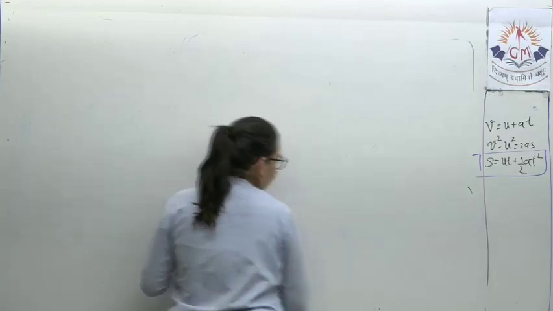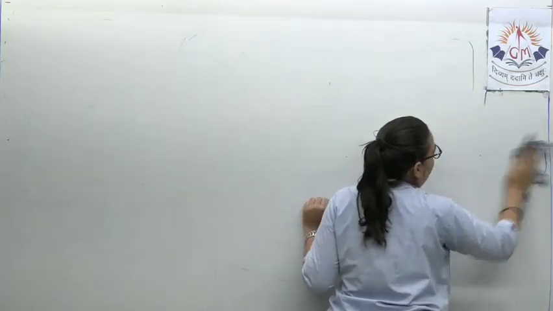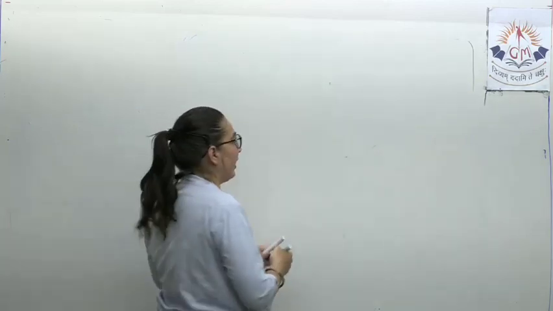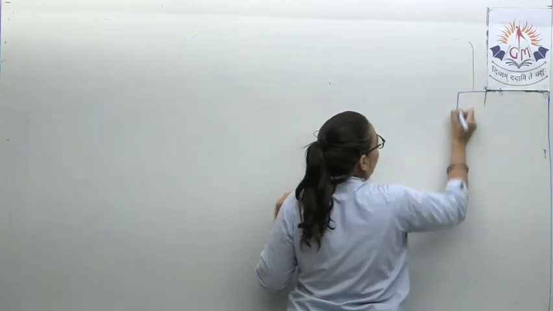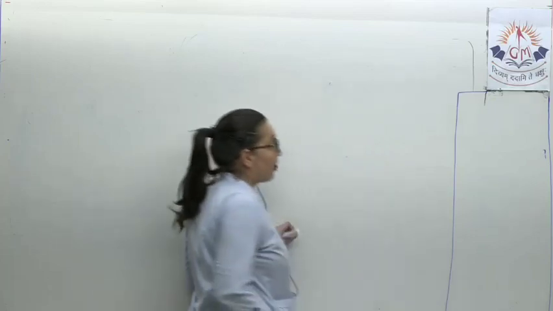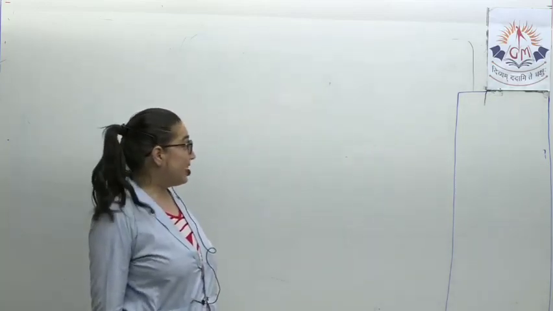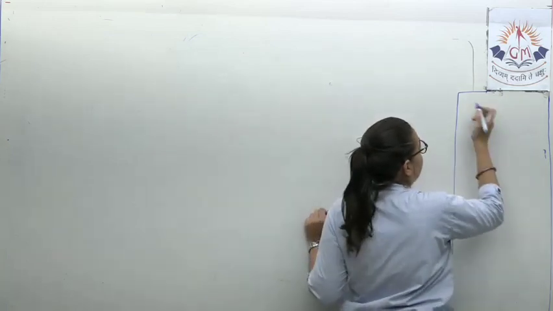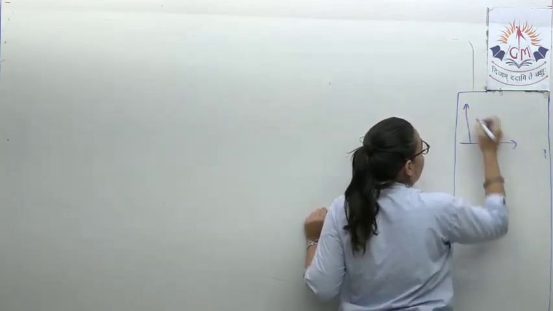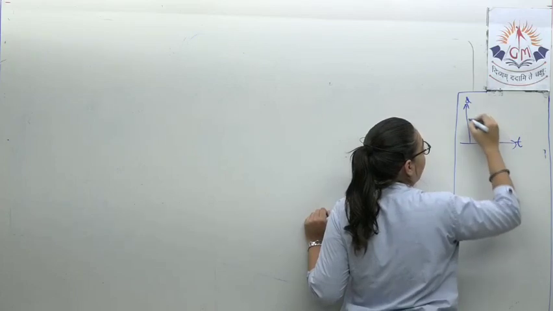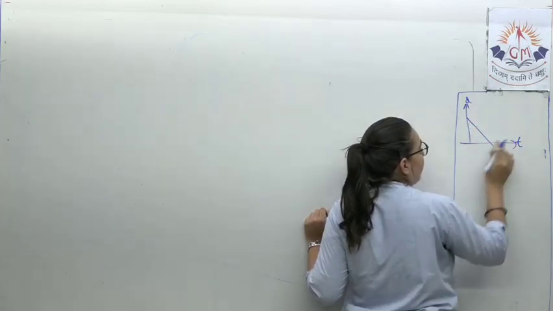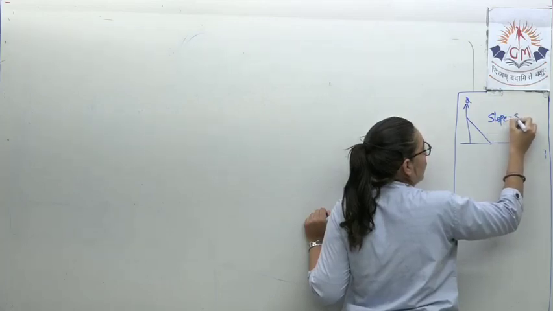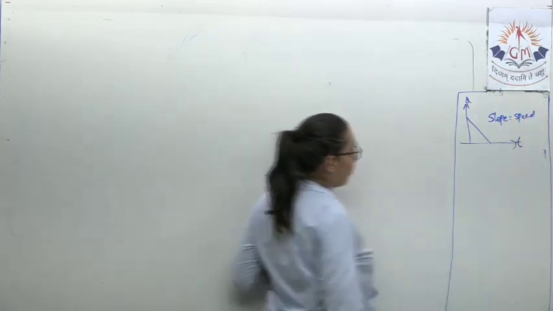Basic things about the graph. Let's note it over here so that whenever we need it, we'll use it. What are the basic things of the graph? Now, if it is a distance versus time graph, then its slope will give you speed, that is change in y upon change in x.